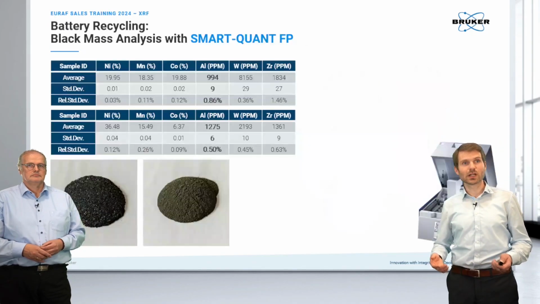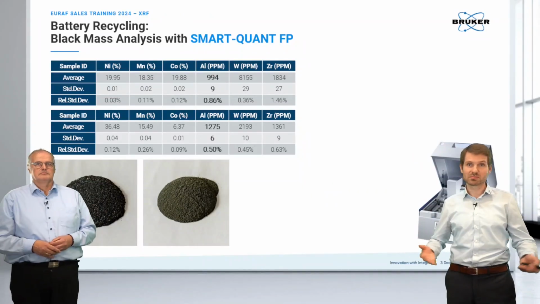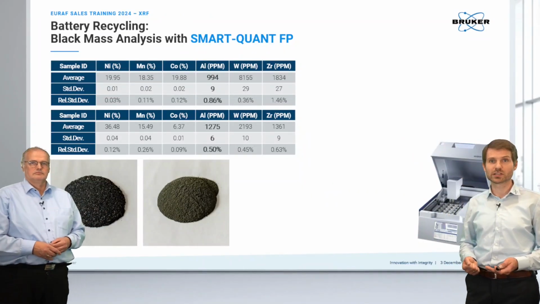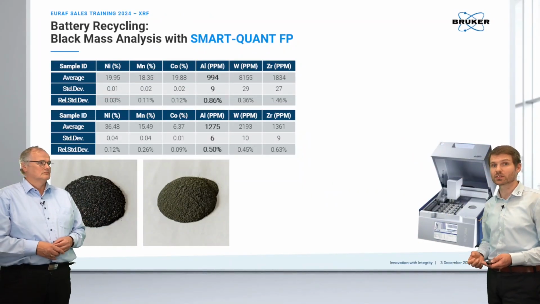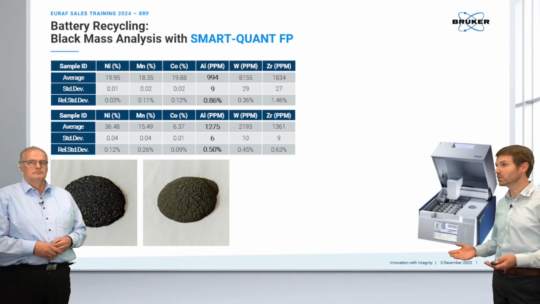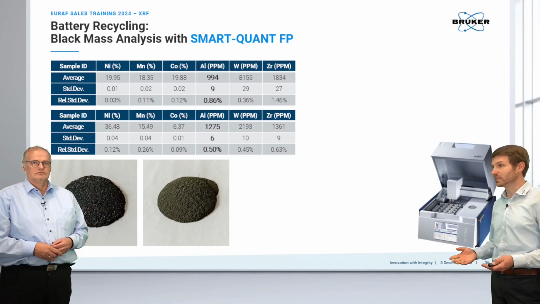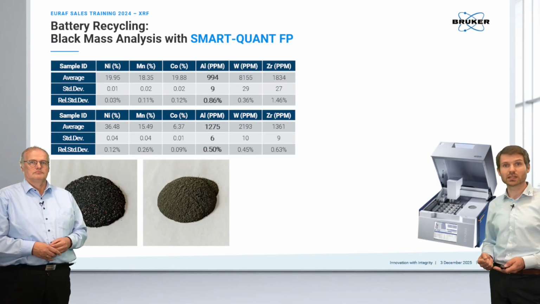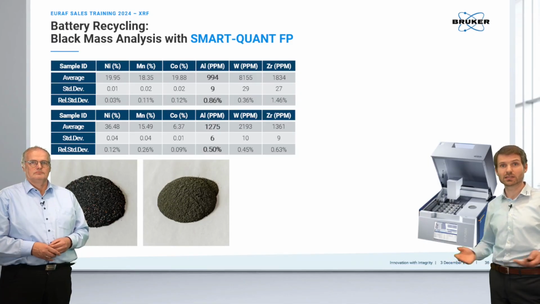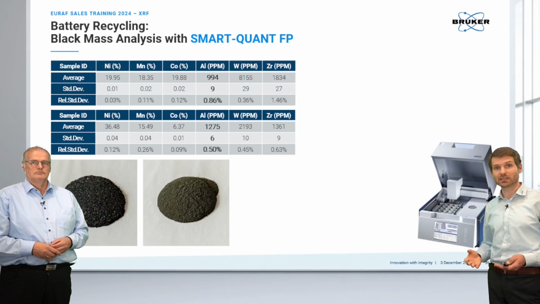So since this is a quite inhomogeneous material, and you might receive it from different suppliers, there is typically no way around a standardless solution. And this is where our SMART-QUANT FP and WD really excels.